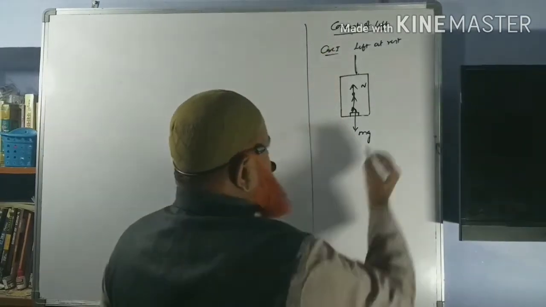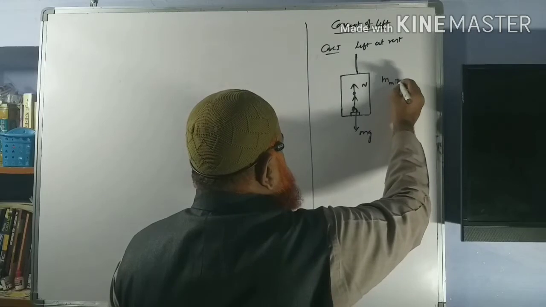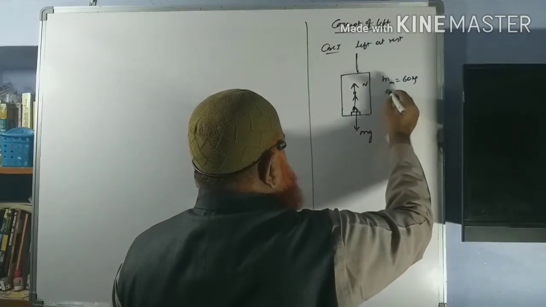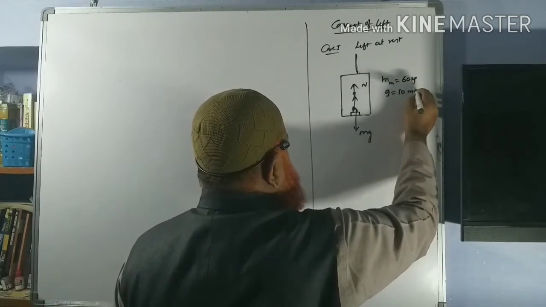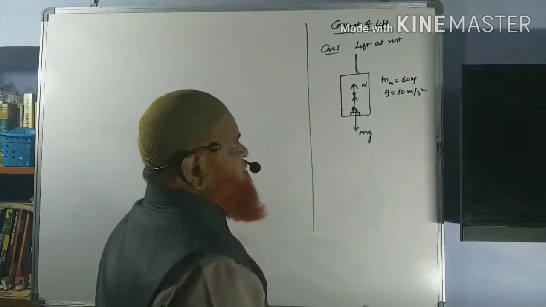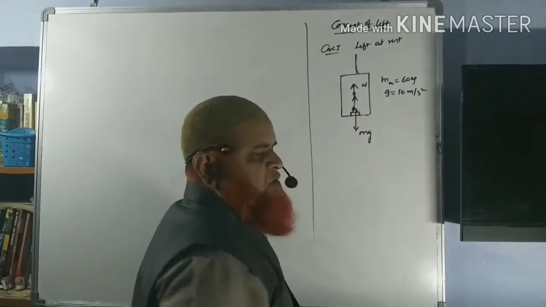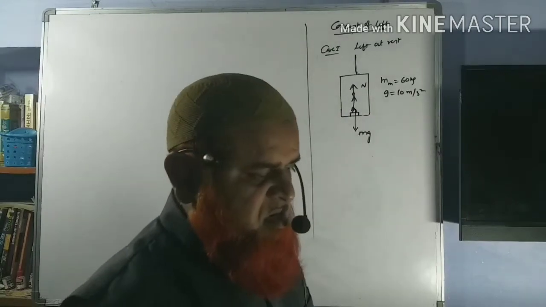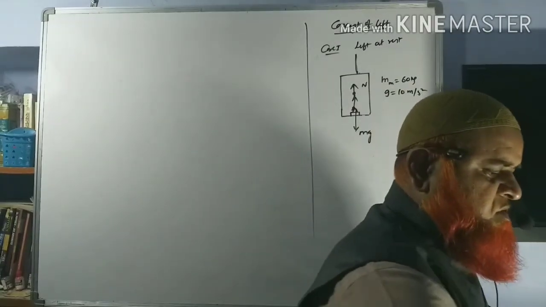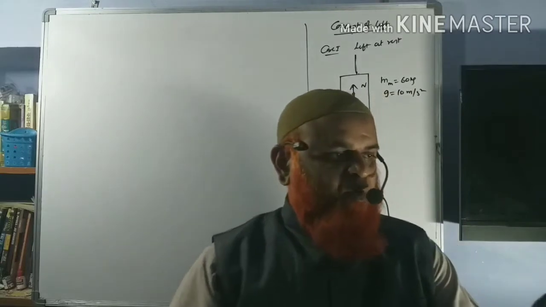Now, for example, mass of the man is 60 kg and g if you consider as 10 meter per second square. So when the lift is at rest, normal reaction and mg both are going to be same. What do you mean by normal reaction? It's nothing but, for example, you have kept any body in your hand.